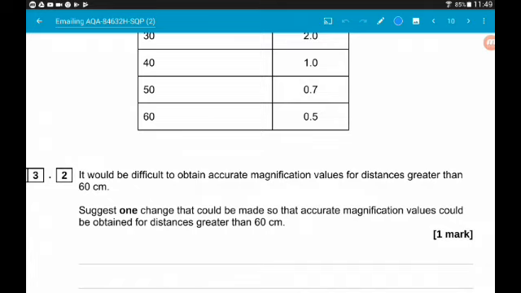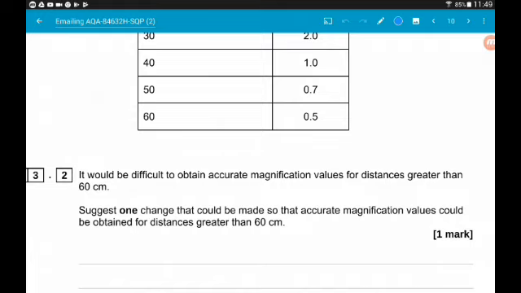greater than 60 centimetres. The one that strikes me first of all would be to use a bigger object. If we had a bigger object, that's going to make the image bigger and easier to measure. So that would be the main one I would go for.